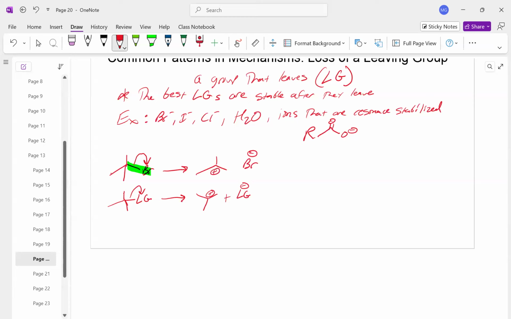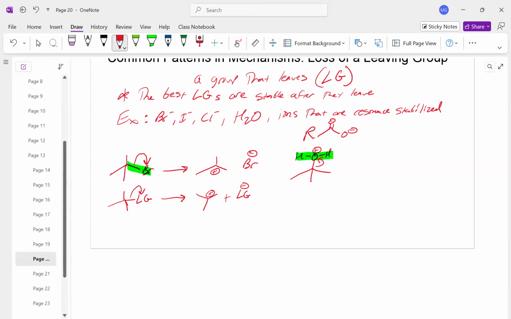All right, let's look at another example. Now I want you to look at this template right here. What does that look like to you? What is HOH? That's water. Water's a great leaving group because once it leaves, it becomes water.